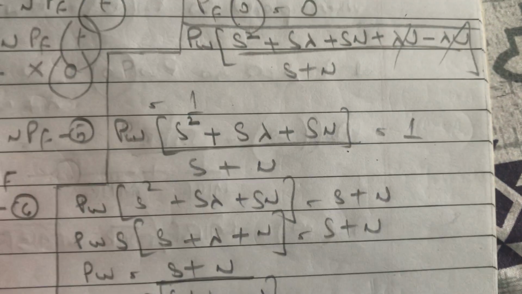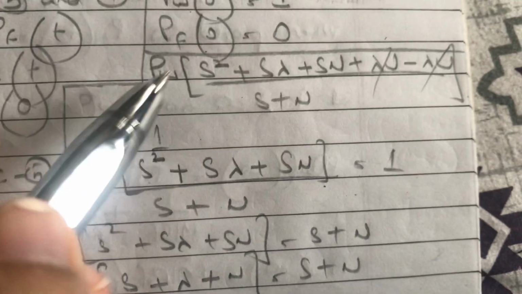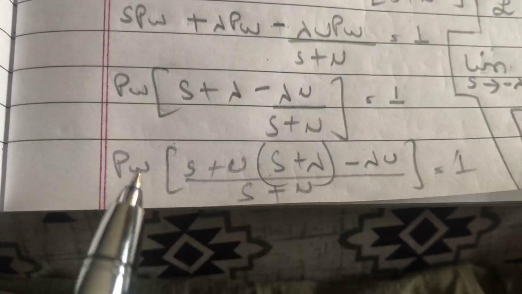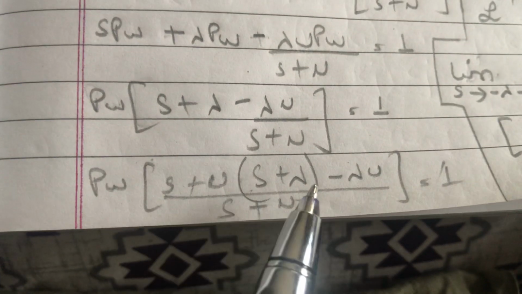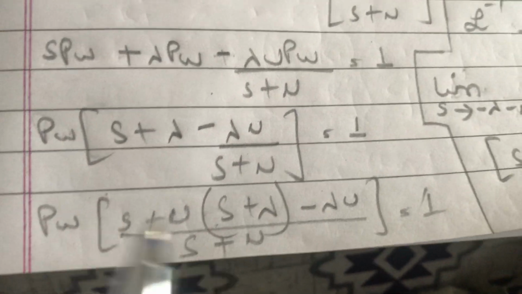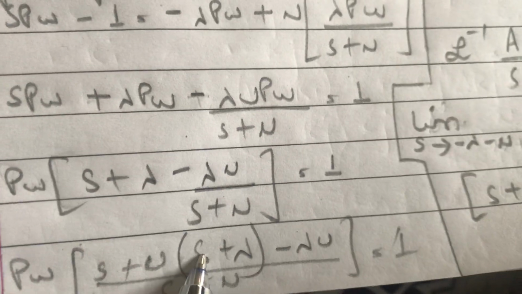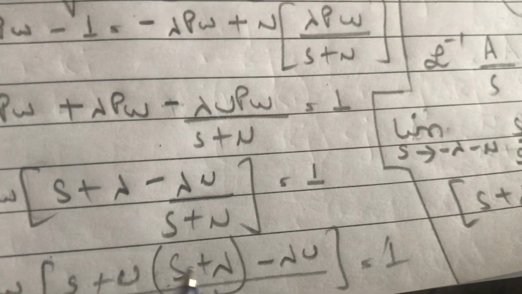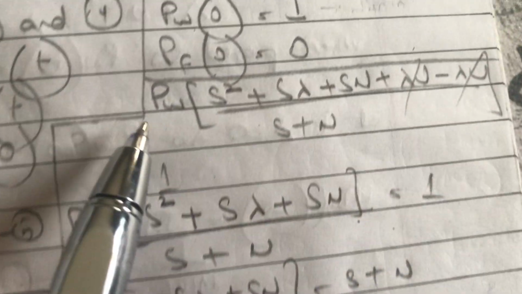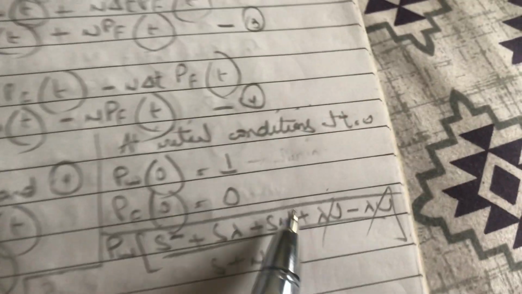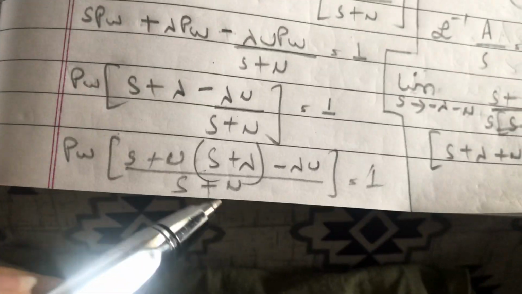That's only the multiplication and subtraction, nothing else. When s multiplies with this it would be s square, s multiplies with lambda, so s lambda, mu multiplied by s, so s mu plus mu lambda. The same thing is here, and this minus mu lambda comes here.